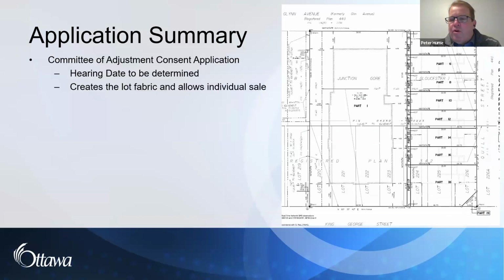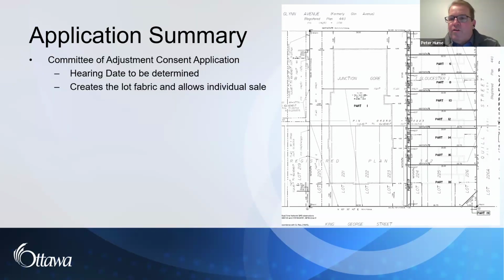In order to create lots, there are two real processes in the Planning Act. One is what's called part lot control, and the other is a consent application or a severance application to the Committee of Adjustment.